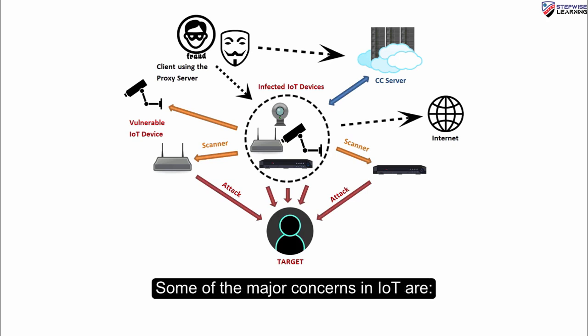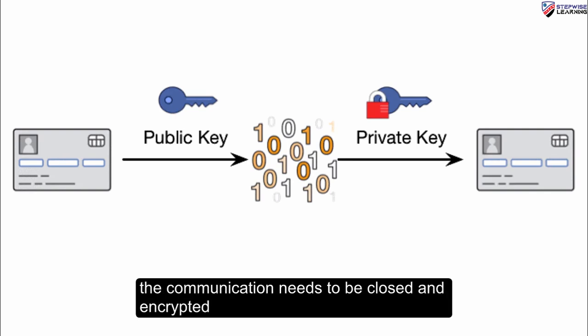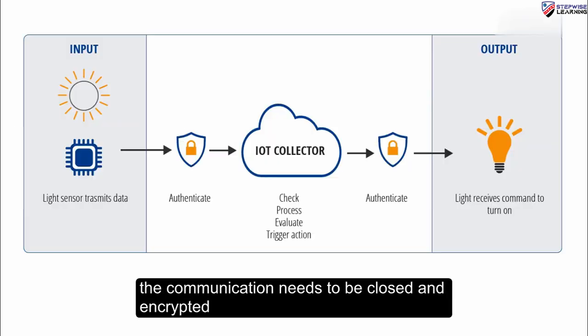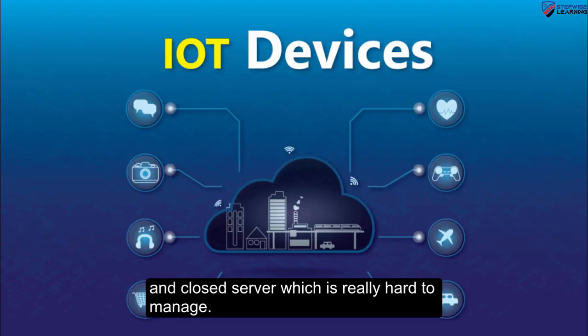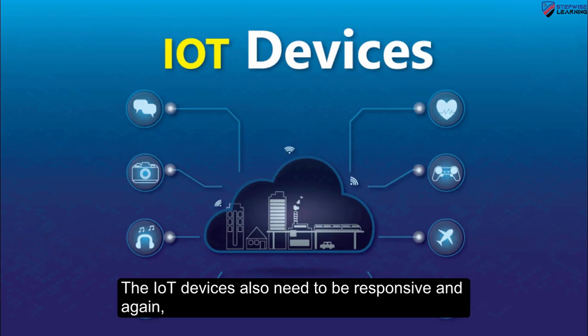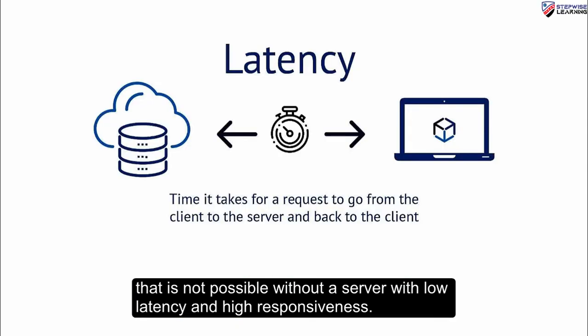Some of the major concerns in IoT are: if IoT devices are sending your data to the internet, the communication needs to be closed and encrypted, which cannot be possible without using a dedicated and closed server, which is really hard to manage. The IoT devices also need to be responsive, and again, that is not possible without a server with low latency and high responsiveness.